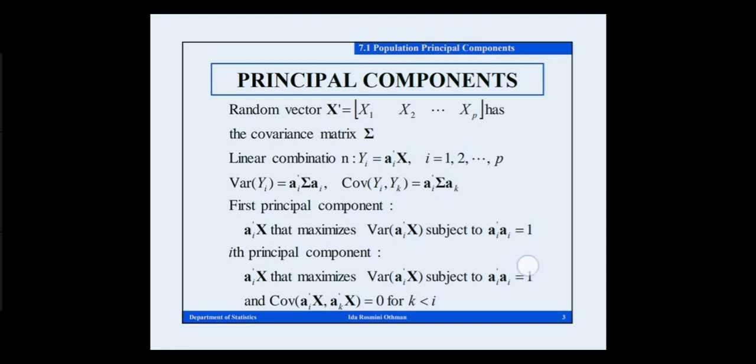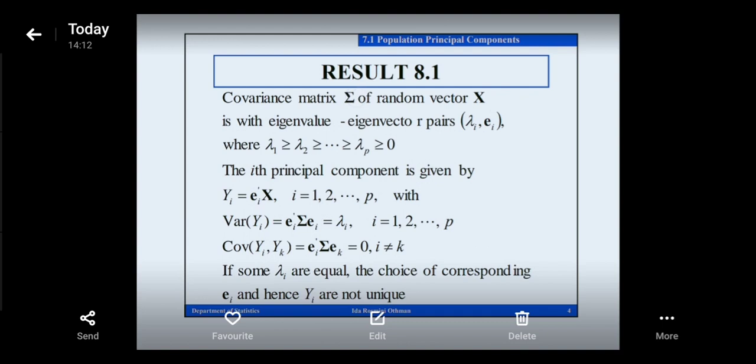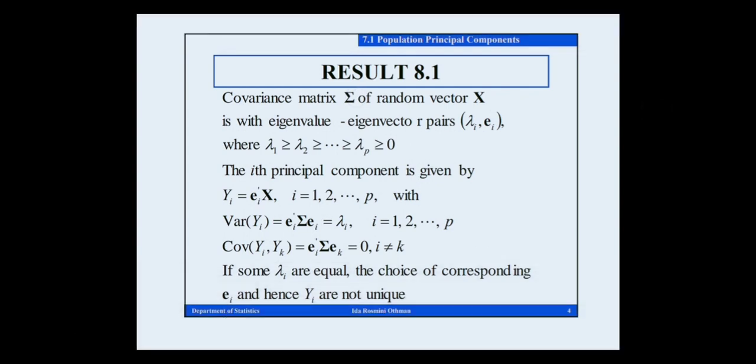Okay, let's see the first theorem. Let's say we have the covariance matrix big sigma of a random vector x. We have random vector x, so it can be x1, x2 until xp.